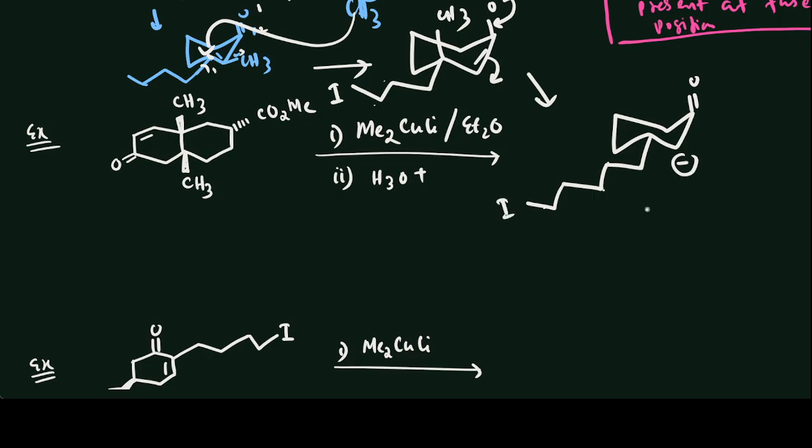Now what happened is that this I minus will attack these groups, and this iodine will be released. So again a 5-member ring will form here. If you count here 1 2 3 4 5 6, sorry, this will be 4 bonds actually. So look at the question accordingly, we can form that.